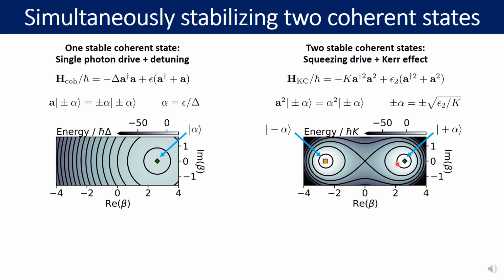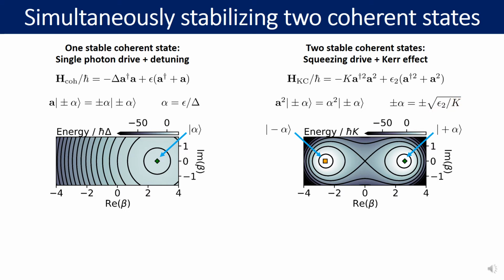And what you see now is that we have two extrema corresponding to the positions of two coherent states, plus and minus alpha, with an amplitude and phase that is determined now by the square root of the ratio between the single mode squeezing drive, strength epsilon 2, and the Kerr constant.